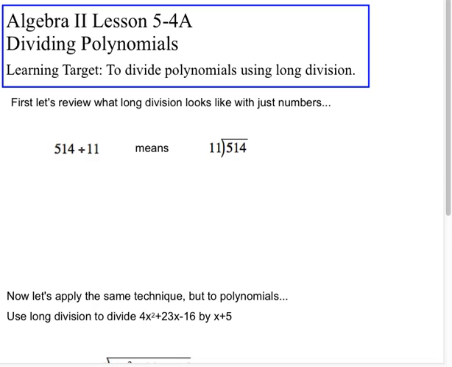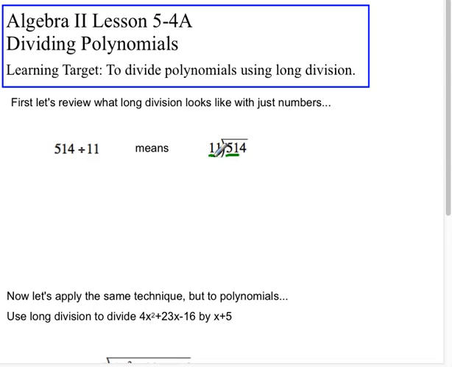Before we do that though, I want to review long division in terms of how you've learned it in the past, back in elementary school. If I want to divide two numbers using the long division process, the first thing I want to look for is how many times can 11 go into 51 without going over.